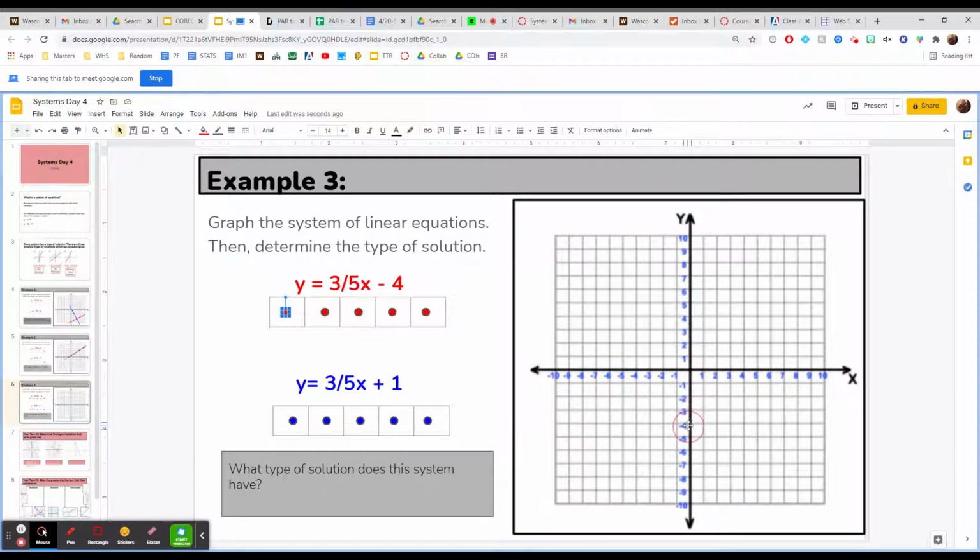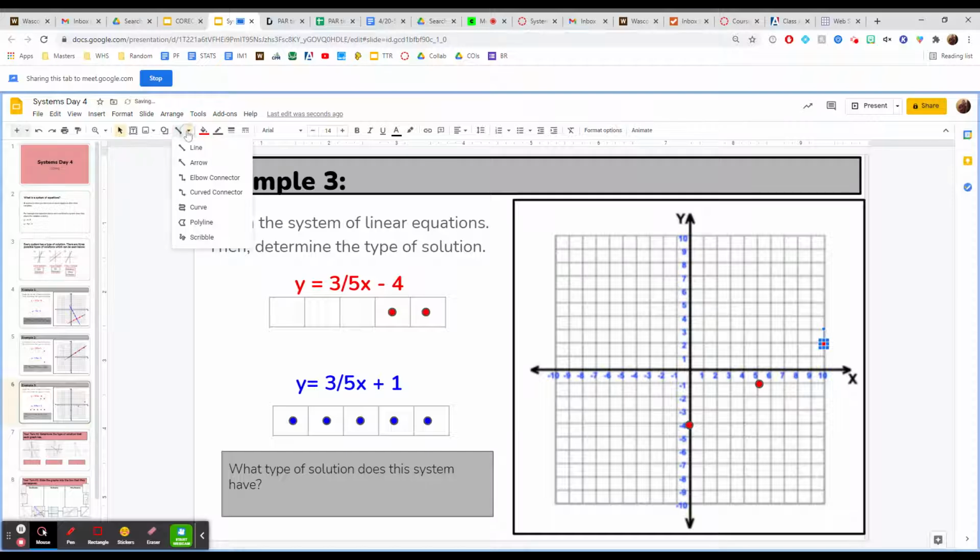So let's go to -4. And I'm going to go up 3: 1, 2, 3 over 5: 1, 2, 3, 4, 5. There's my point. And I'm going to do it one more time. Up 3, over 5. So there it is.